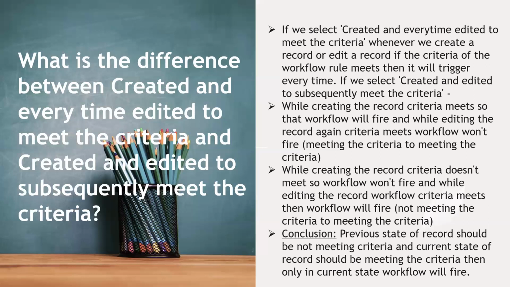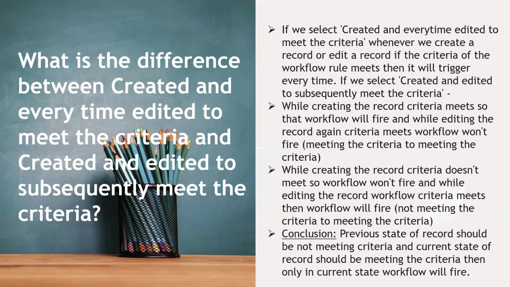While coming to the third one, subsequently meet criteria: when the record is created and when the record is edited, whenever the criteria is matched, that time the action should be fired, and after that it will stop.